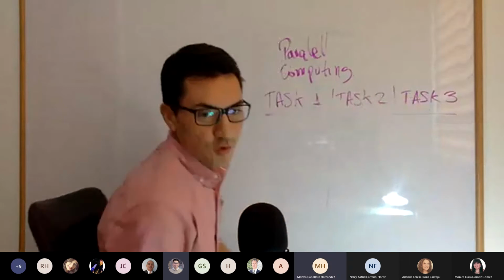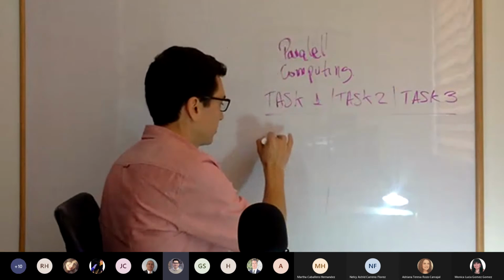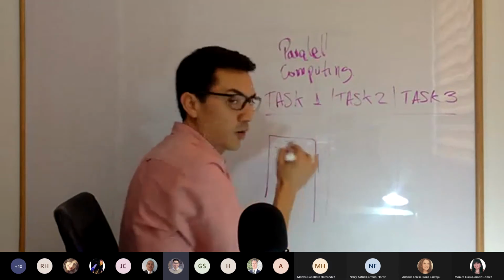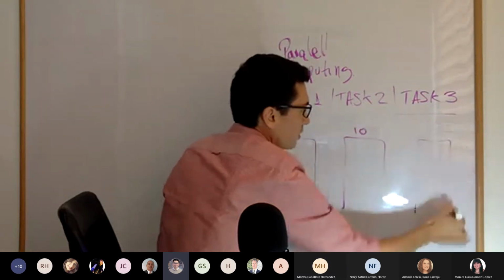The computer can use the same level of performance for the 3 different tasks. If the computer has a level of performance of, to put it in simple language, 10, the computer can use 10 here, 10 here, and 10 here. That is multitasking, right? You can do multiple tasks at the same time with the same level of performance.